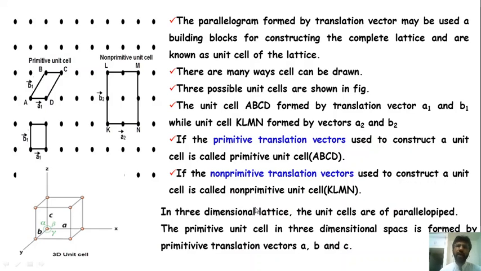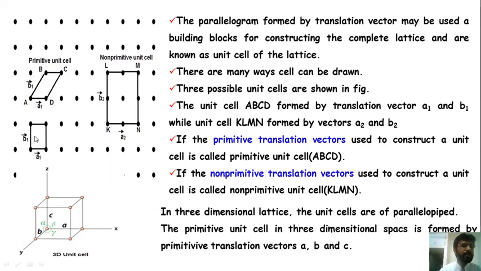Now we are going to see what we mean by the primitive unit cell and what we mean by the non-primitive unit cell. In this space lattice, consider that A1, B1 and A2, B2 are the fundamental translation vectors.